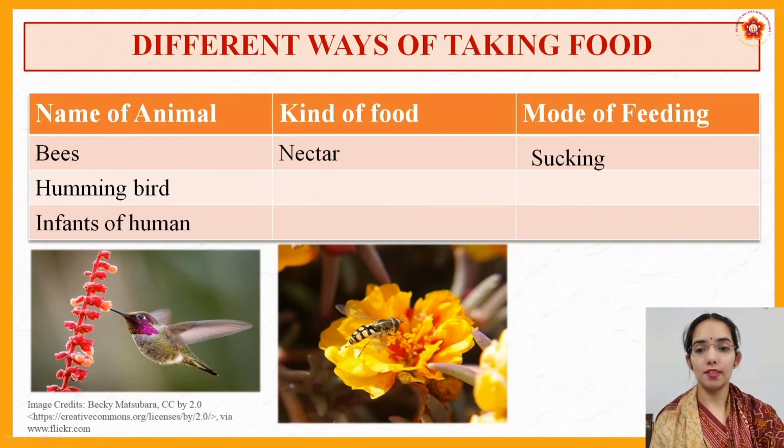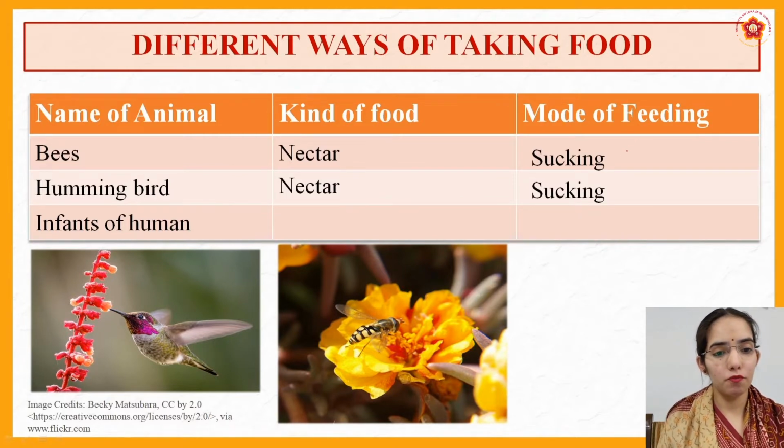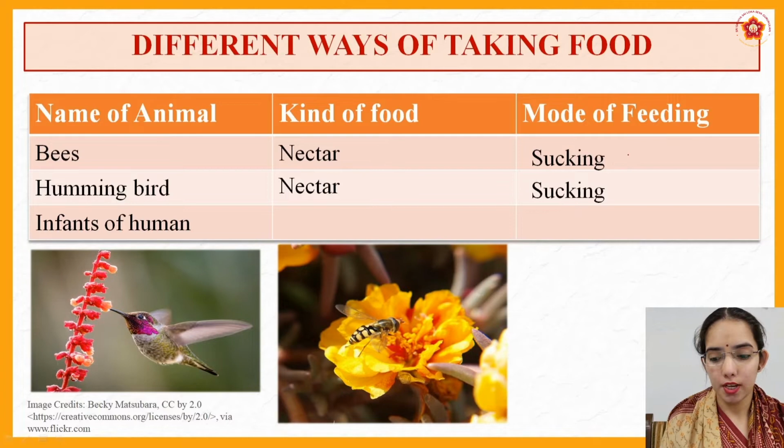Then the next organism is hummingbird. Again, as you can see in the picture, it is also sucking nectar. So its food is nectar and mode of feeding is also sucking. Now one thing I want to tell you over here is that, like in the case of bees, we can also use another term known as siphoning.